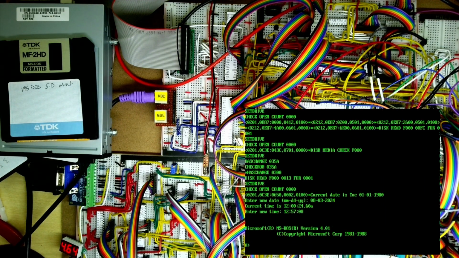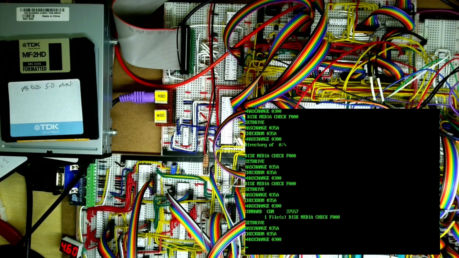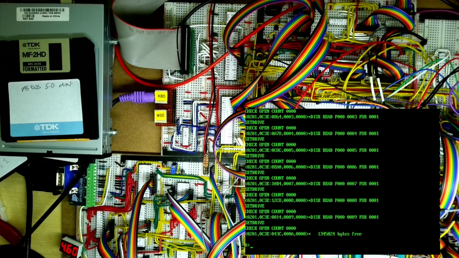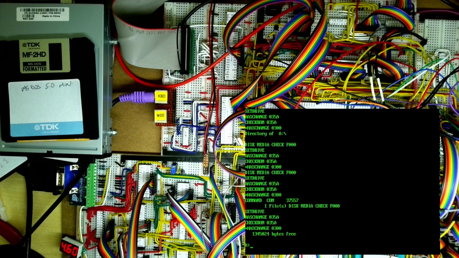Okay, so we have MS-DOS 4.01 there. If we just do clear screen, you'll see there's quite a lot of messages come out, and if I do it again, you might just be able to see the top of the screen there, directory of command.com and all the other debug information there.